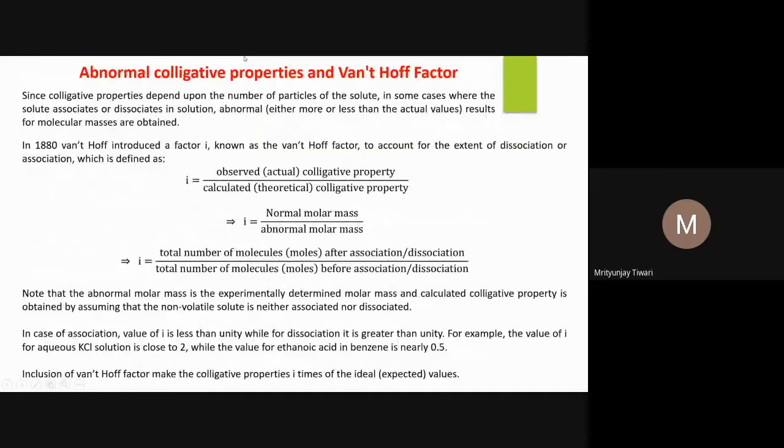So abnormal colligative properties is one thing. We obtain abnormal colligative properties when we see certain association or dissociation in the molecules or in the solutes. Since colligative properties depend upon the number of particles of the solute, in some cases where the solute associates or dissociates, the effective number of particles is no longer the same as we calculated before adding it.